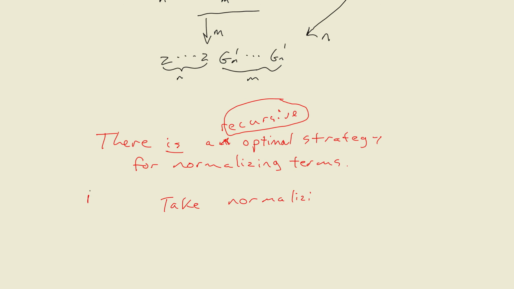This is so simple it hardly deserves a proof, but take normalizing t and enumerate all reduction sequences in parallel.